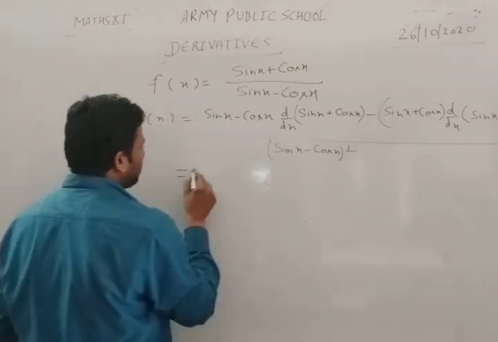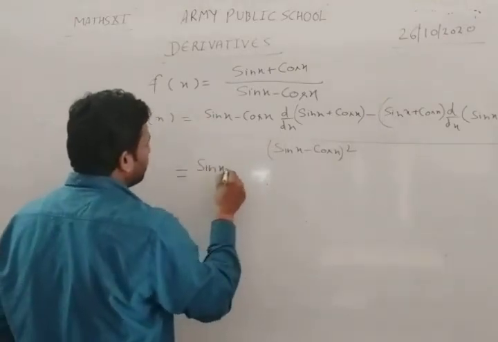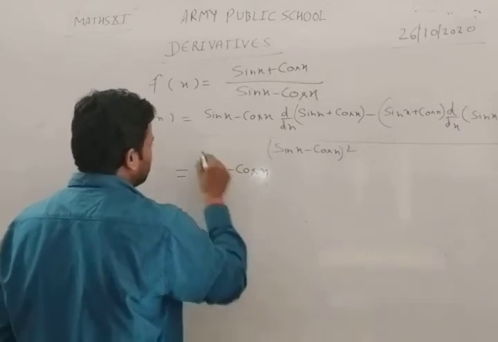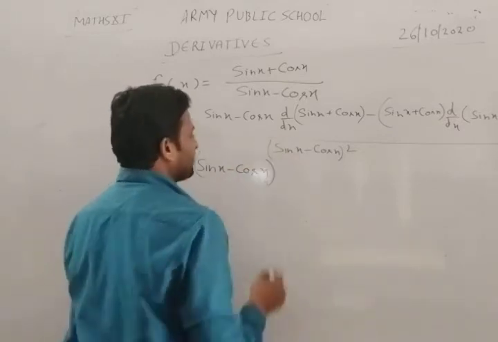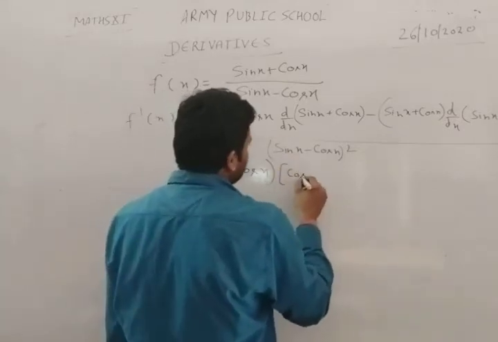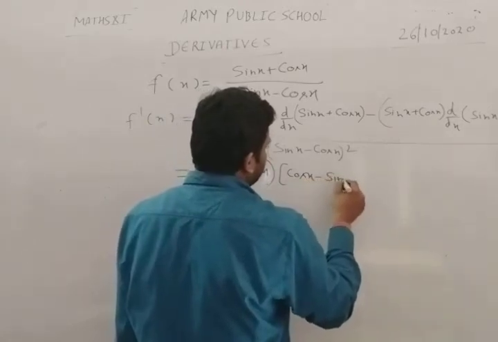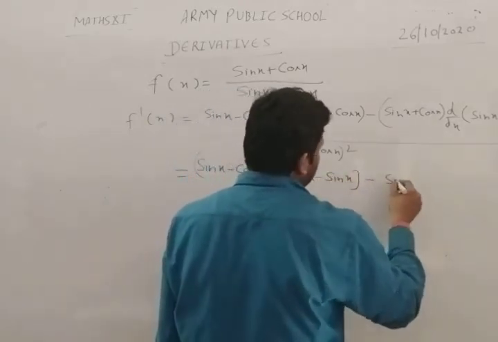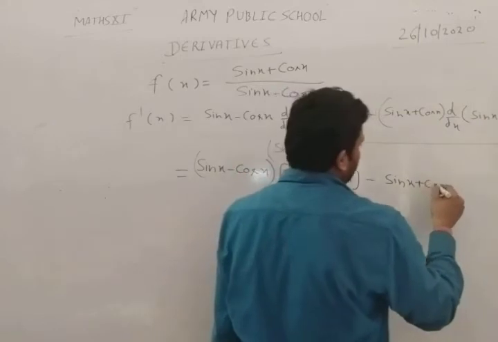So we apply the formula: sin x minus cos x, differentiation of sin x is cos x and of cos x is minus sin x, so cos x plus sin x, minus sin x plus cos x.